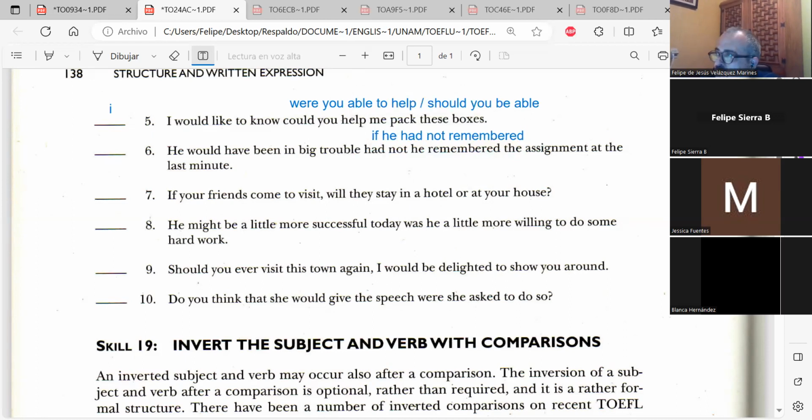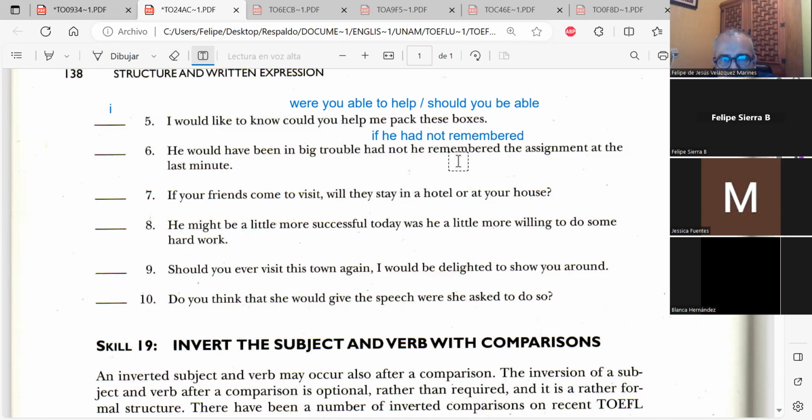What is the rule for inversion? Eliminate if and place had at the beginning. But it's negative because of the not, and you have the subject after.